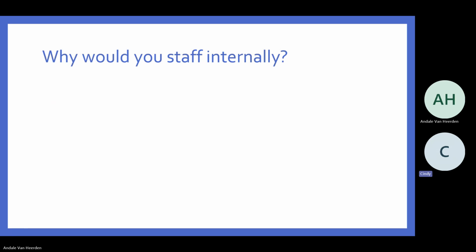That the company is invested in its internal staff for training. So the person knows how the company operates. You know where to go: if you've got a question, I go to that person. This is the system we use, and this is how I use it.